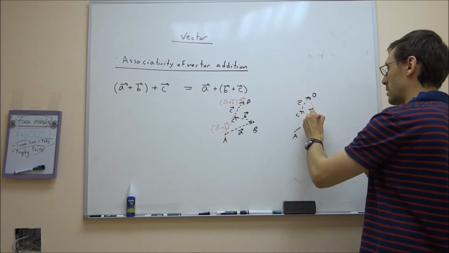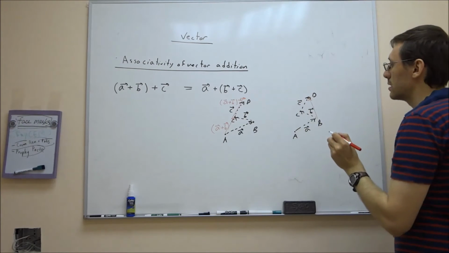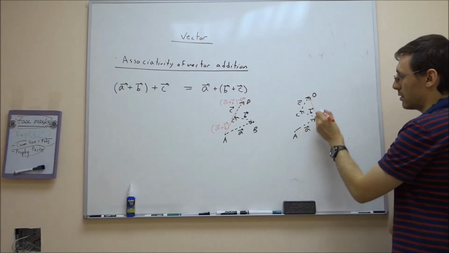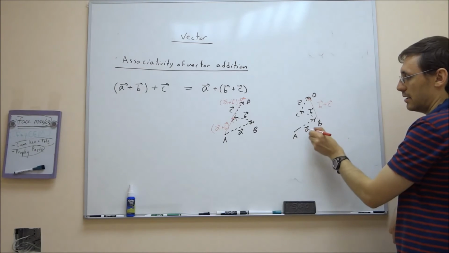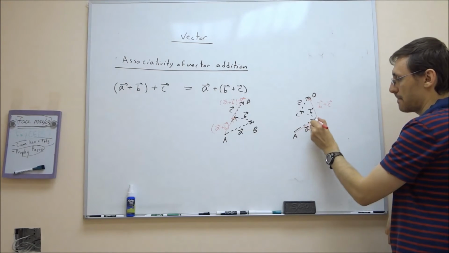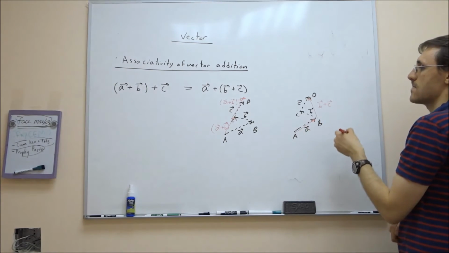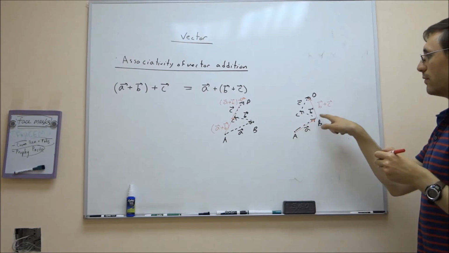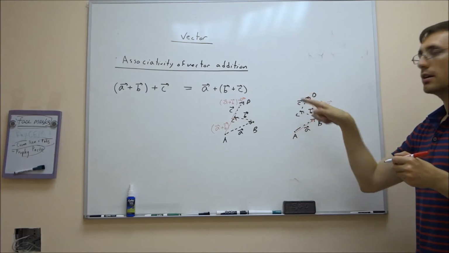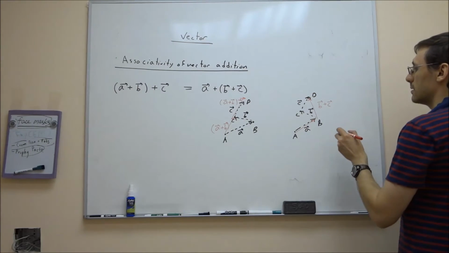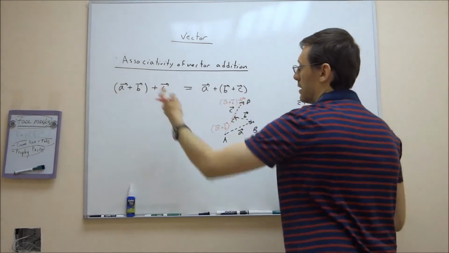So that would be this vector. And to this vector, I must add the vector little a. So notice that both motions will necessarily land you in the same point D. So that tells you that this identity must hold.